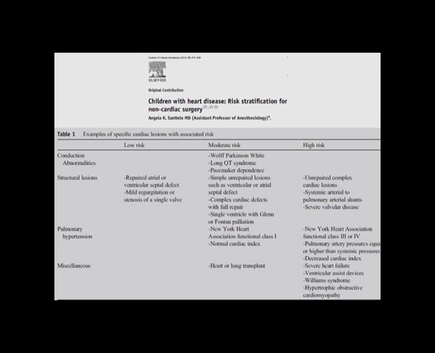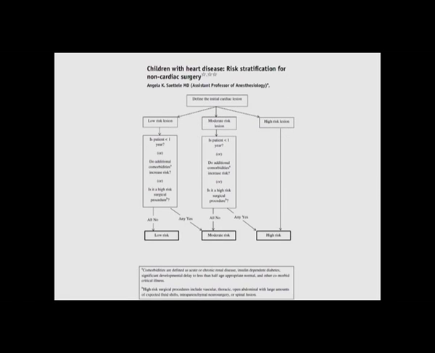And they looked at how they stratify. According to the cardiac lesion, they decided on low risk, moderate risk, and high risk, similar to what was shown below. And then once the cardiac lesion was defined as low risk, moderate, and high, then came the other additional components that.